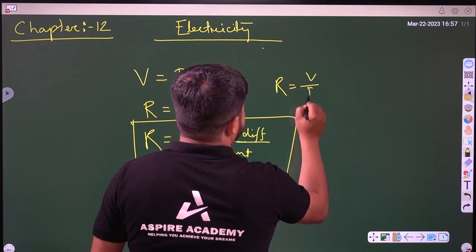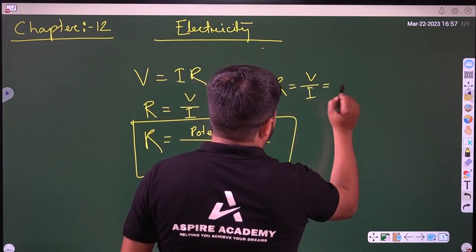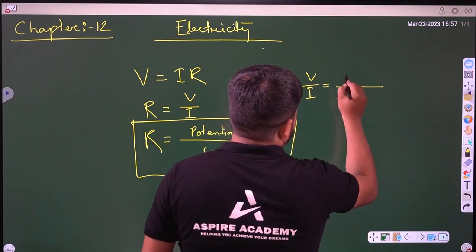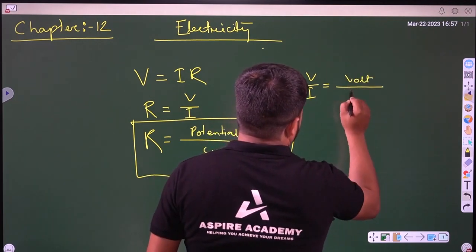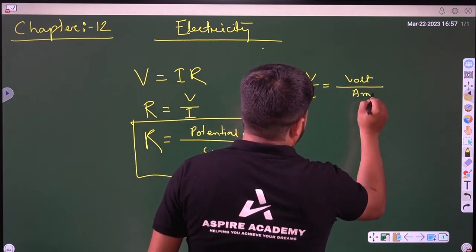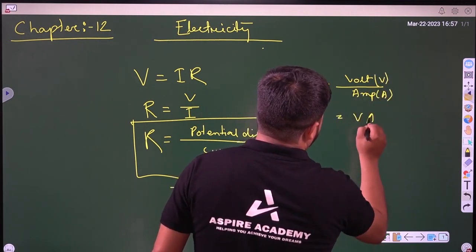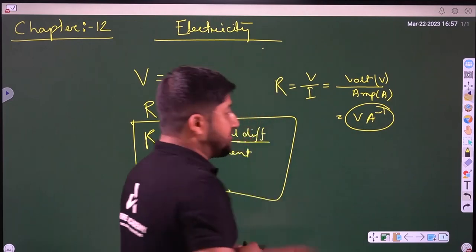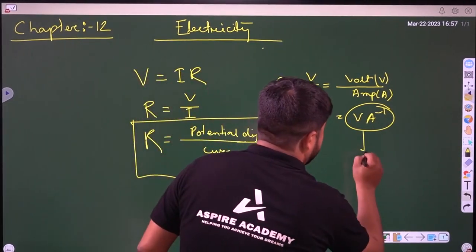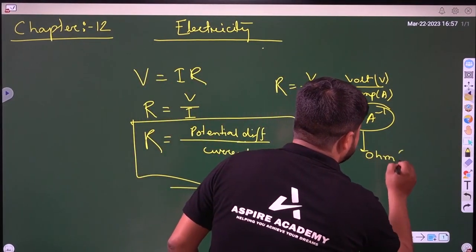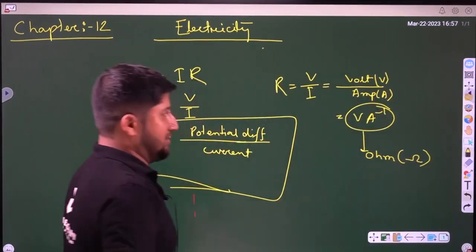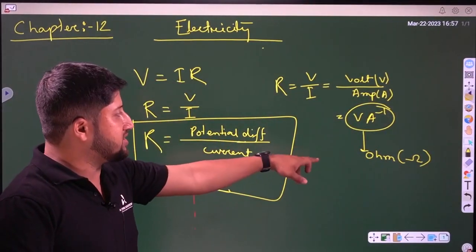So now the SI unit of resistance is volt per ampere, which is called ohm. Our symbolic representation is omega.